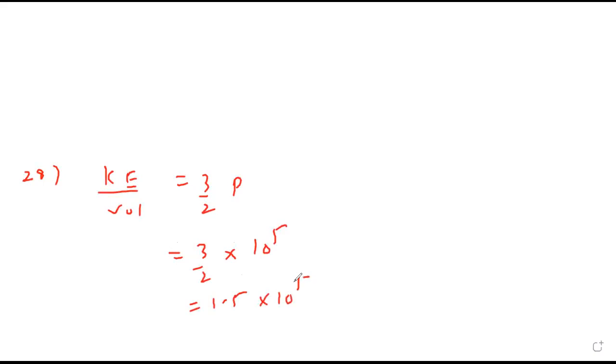Translational kinetic energy per unit volume is 3/2 P, and P is given as 10 raised to 5. So 1.5 into 10 raised to 5. That is option A. This is the answer. 29.